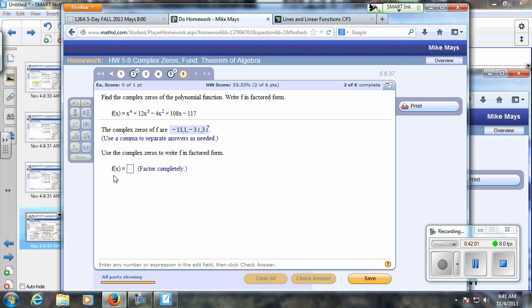So with that in, the factors that I found were x minus 1 and x plus 13 and x minus 3i and x plus 3i.